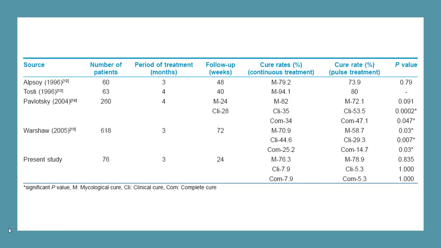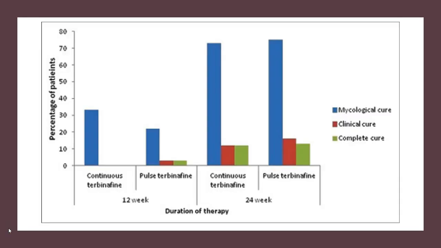And there are quite a number of studies that have looked at the use of terbinafine, both as a standard daily dosing regimen as well as in pulse dose, generally showing a successful outcome in the majority of patients being studied for onychomycosis.